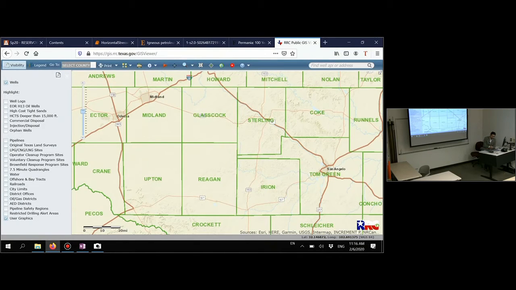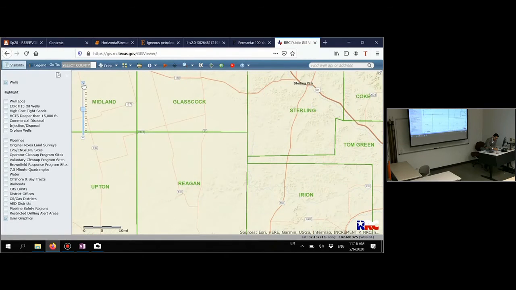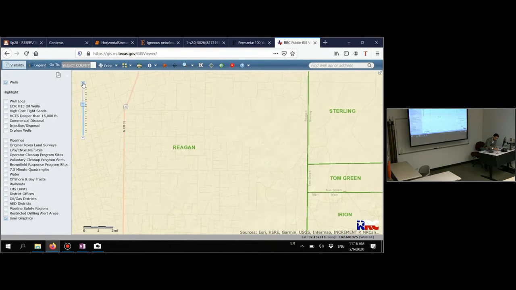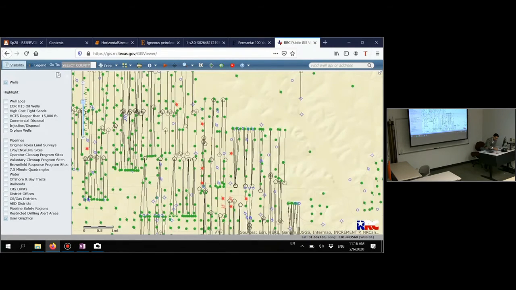That's particularly here in the north of Reagan County. I'm going to continue zooming in, and at some point the well surveys are going to show up. Let's try one more. There you go.